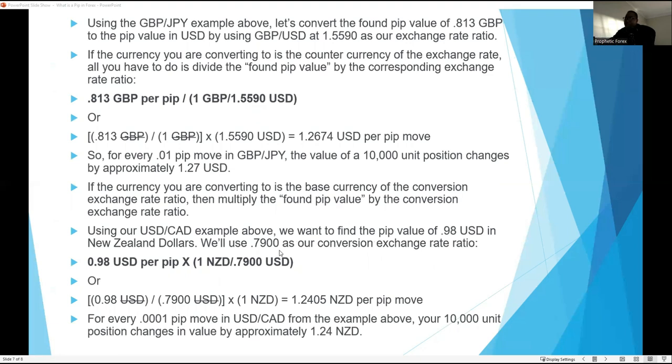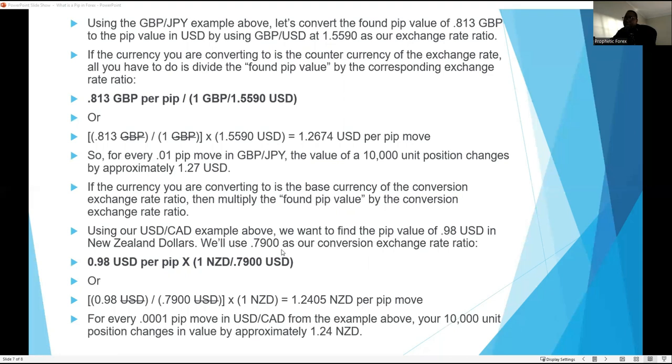So here we go into another example. Using GBP/USD above, where we have 8.13 GBP as the pip value, now we want to find out, if you're trading in USD, what would it be? So it's like you're trading GBP/USD in a way.